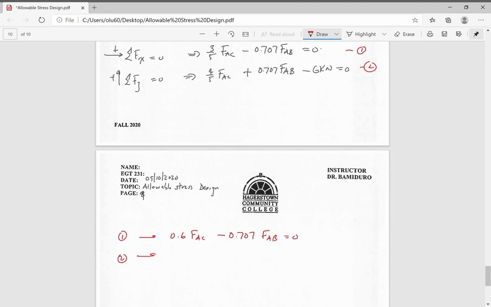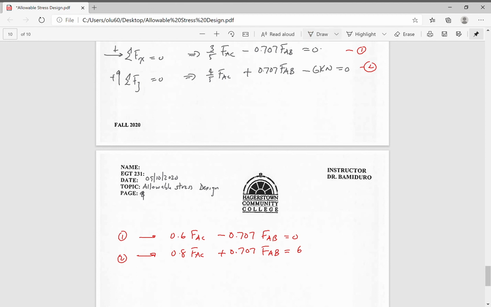Equation 2 happens to be 0.8 FAC plus 0.707, which is the sine of 45 degrees, FAB, and I can take 6 to the other side, so that equals 6.